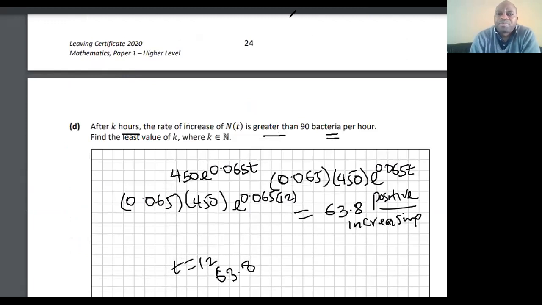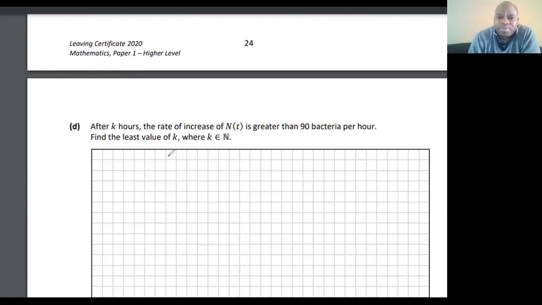Okay, the next question. Part C, the growth they're talking about. After k hours, the rate of increase, 0.065. But this time around, instead of using t, it is k. Remember your t is your time, but now they just change the t to k hours. That's all. So the rate of increase is greater than 90 bacteria.